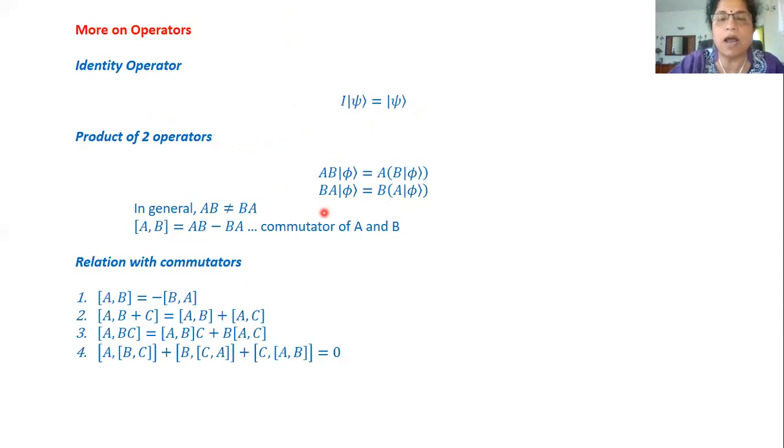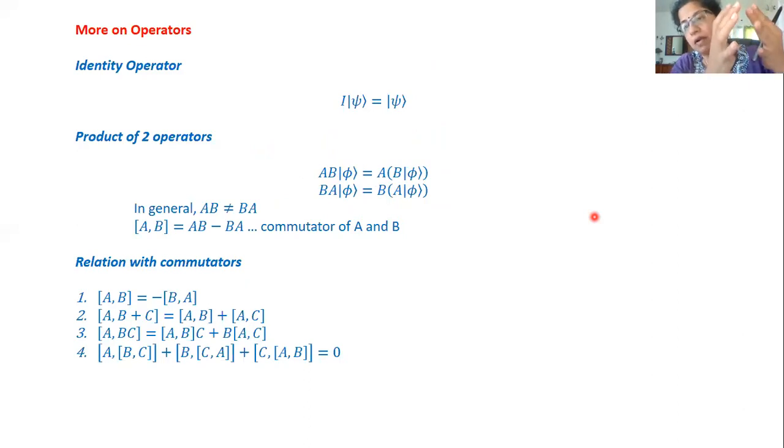So you have the product of two operators, and this is what I was trying to explain to you last time. Why is it that AB is not necessarily the same as BA? That's because you have essentially this kind of a situation when I write AB operating on phi. Now remember, when you're thinking about a combination of two operators, operators by themselves, though we keep writing them all the time, don't make much sense.